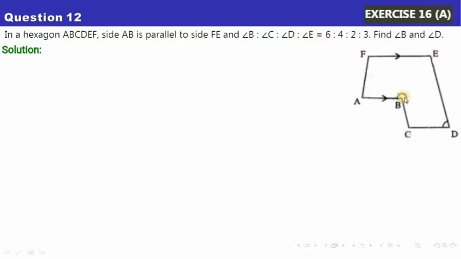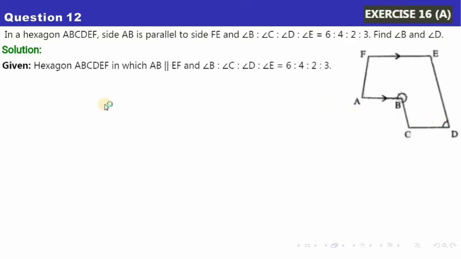B means this angle, C means this, D means this angle, and E means this angle. You need to find the value of angle B and angle D, this marked angle and this marked angle. Let's see how to find this.